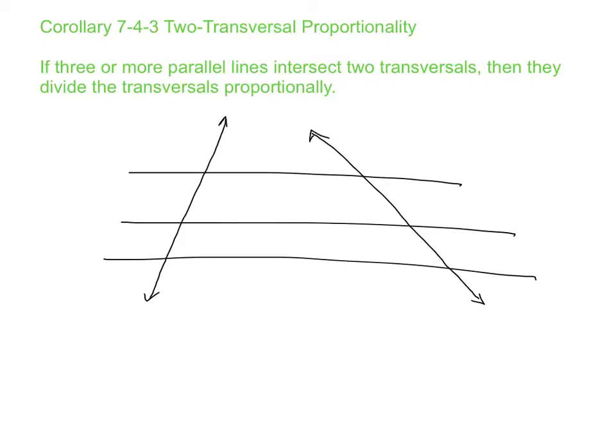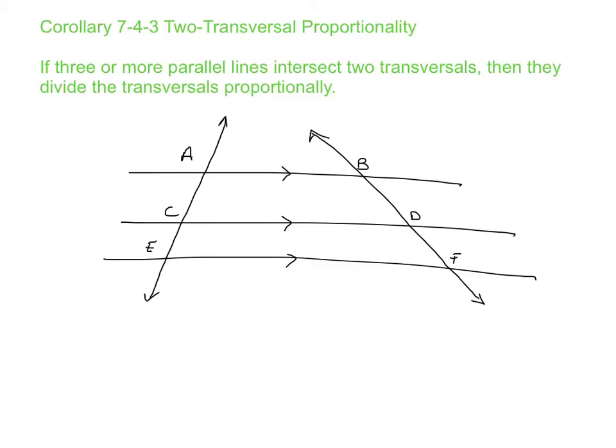We can label these intersections A, B, C, D, E, and F. And again, this is just like our triangle proportionality theorem, except obviously we're no longer dealing with a triangle. But it's along the exact same lines because we know all of these lines here are parallel.